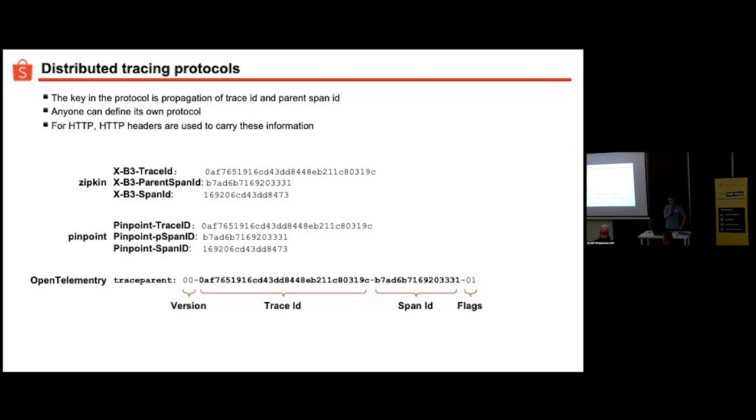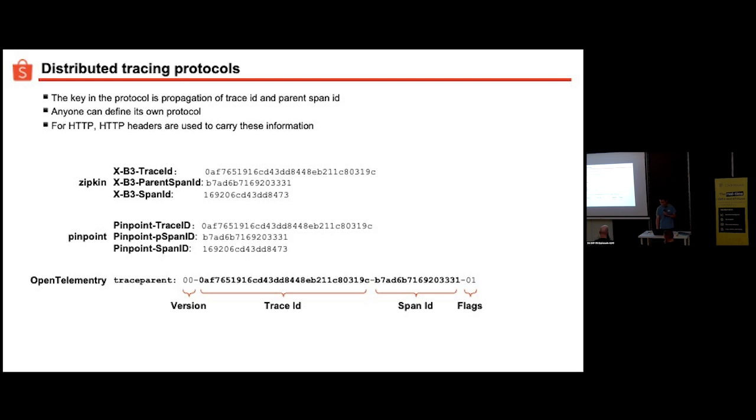It defines an HTTP header as the transport, and it has a format for how this protocol is defined. The first 2 digits are the version, the next 32 digits are the unique trace ID, the next 16 digits are the span ID, and the last 2 are flags. So we can follow this format to process the protocol and make sure that the tracing context is propagated correctly.